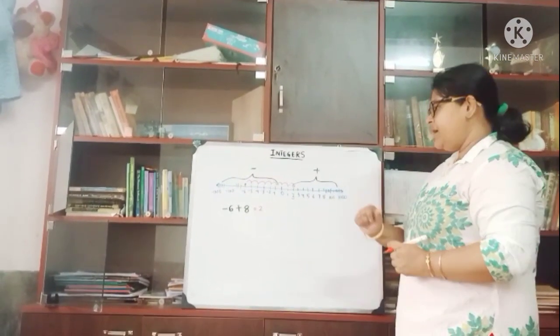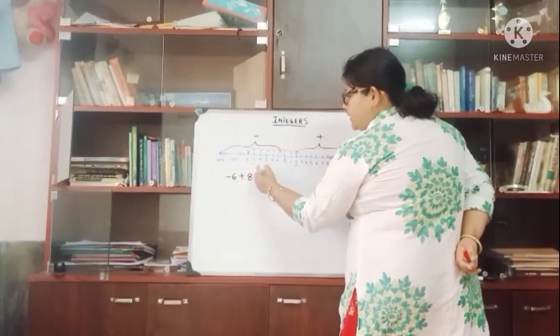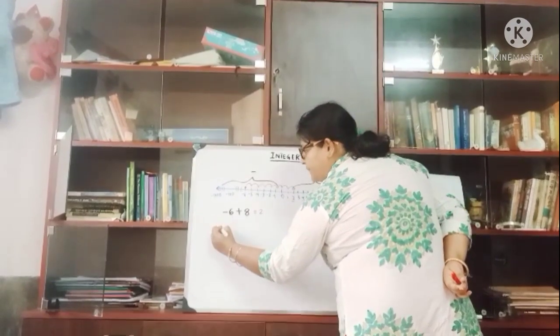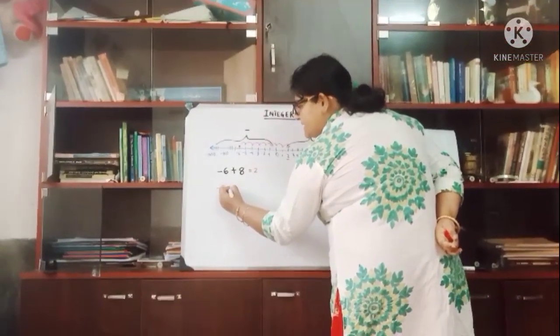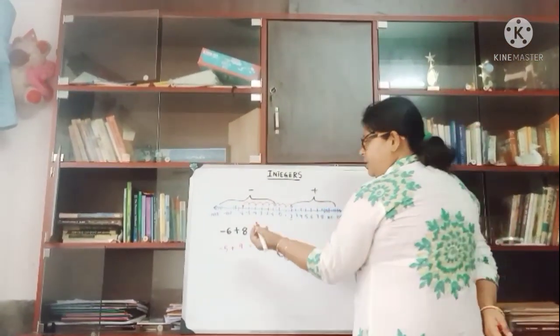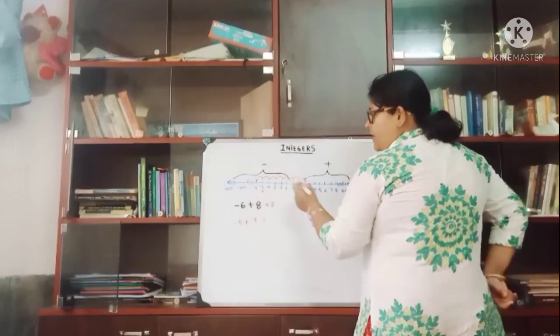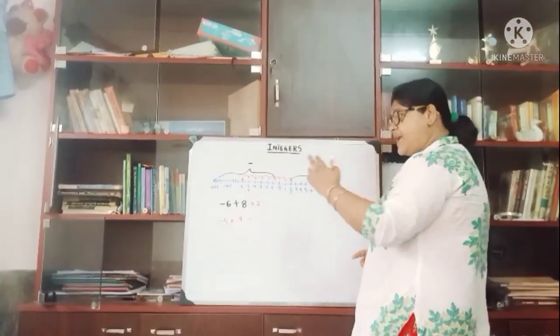Clear? Okay, let me tell you in another way. Let's take minus 5 plus 9, a little larger number. We have minus 5 here. I am going to jump plus 9, that means 9 times I am going to jump.